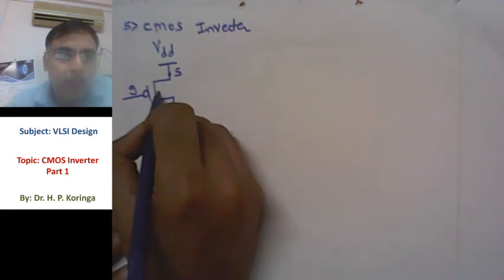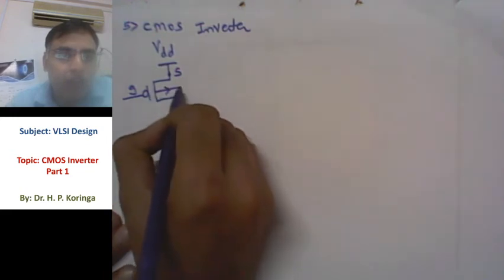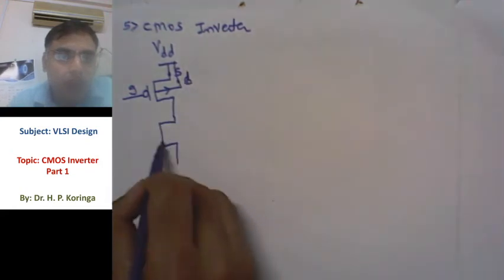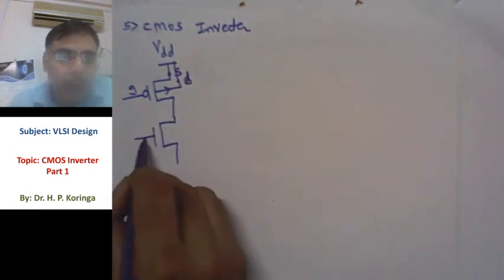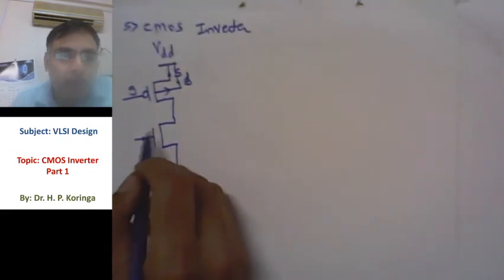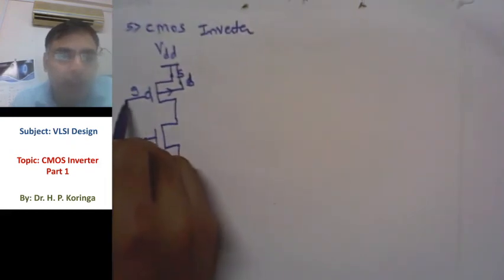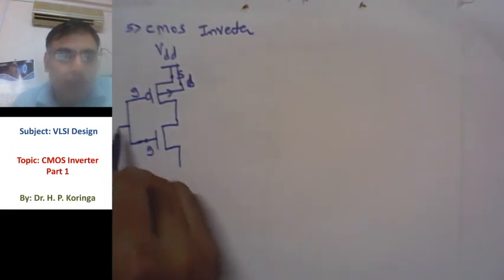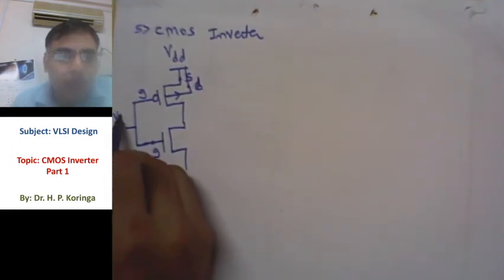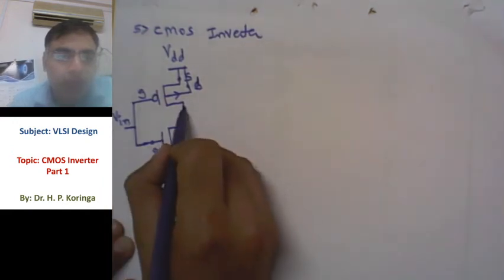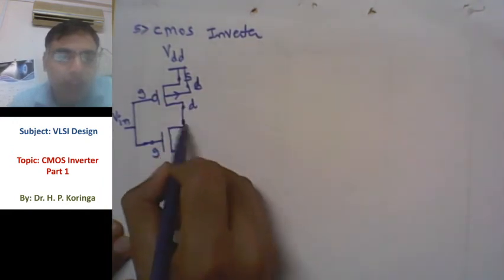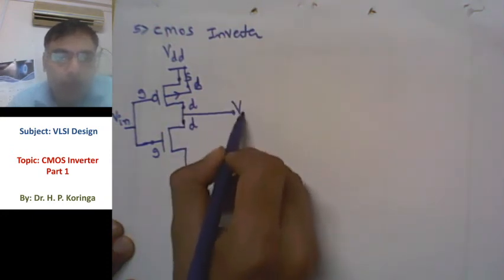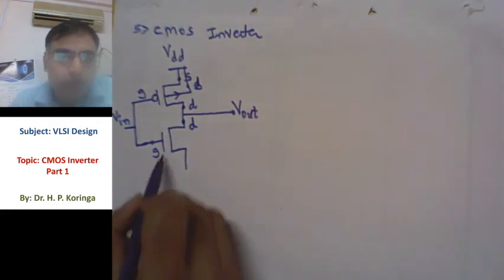Instead, it is connected with the input, and the driver MOSFET gate terminal is also connected with the input. So instead of connecting the PMOS gate terminal to ground, it is connected at the input. The drain terminal of the PMOS and the drain terminal of the NMOS are connected at the output.